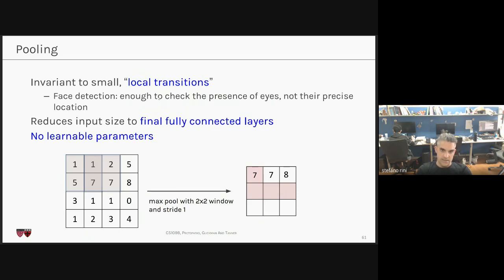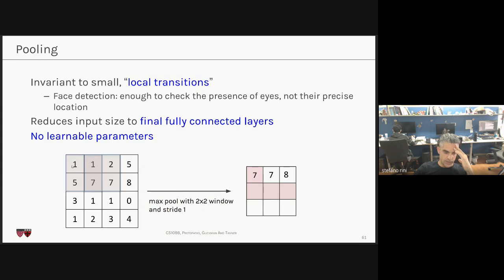So the idea is that when we apply a filter, the output of the filter will produce this matrix. And what we want to do is some pooling. For example, here we want to apply a max pooling, which is we take a certain image, and we shift this window around.